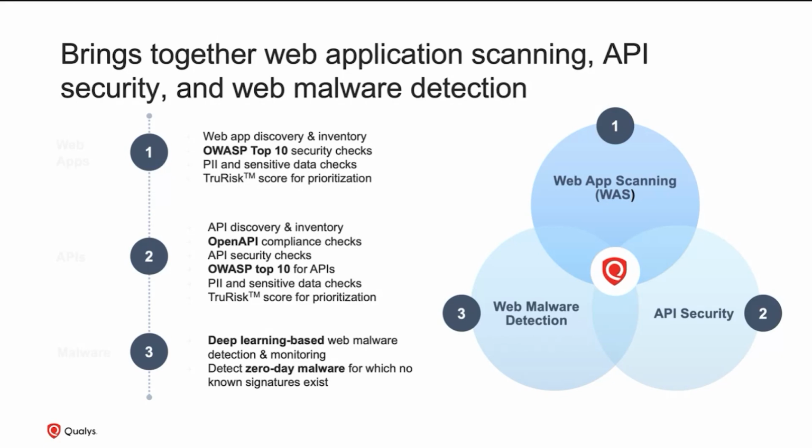That is extremely valuable, especially if you don't have enough resources to remediate everything that you find. And not only that, the third very important piece of Total AppSec is web malware detection, which detects the presence of malware in your web application. You can monitor your web applications for the presence of malware using our web malware detection module.